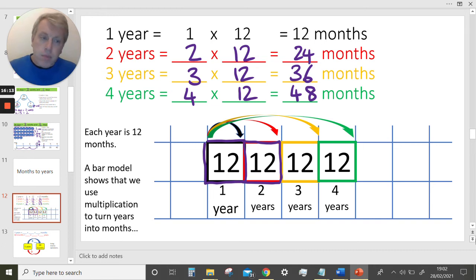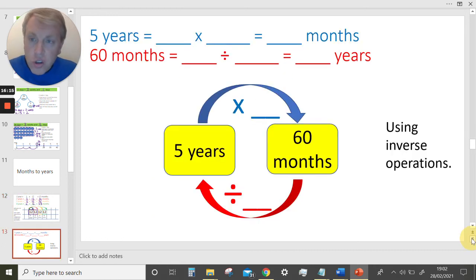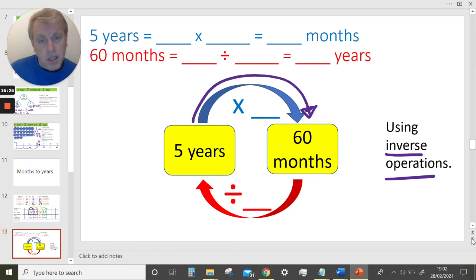And what we're really trying to use and think about today is inverse operations. We're going to remember that when we turn the years into months, we've got to times by 12. When we turn 60 months into years, not times by 12, but the inverse operation, divide by 12.